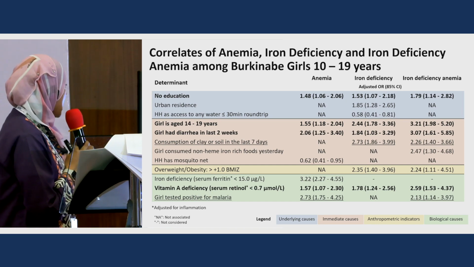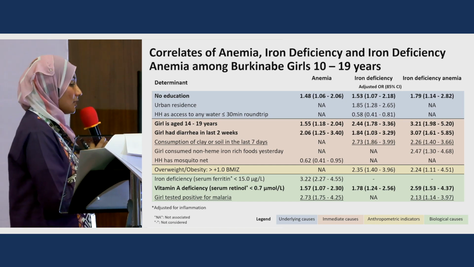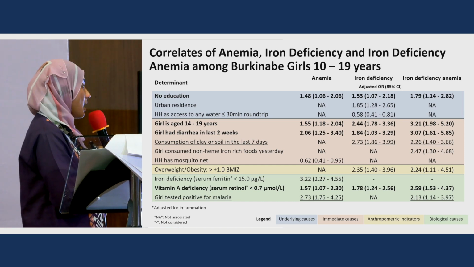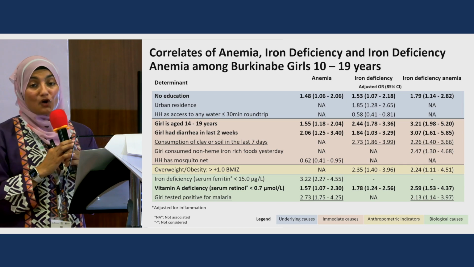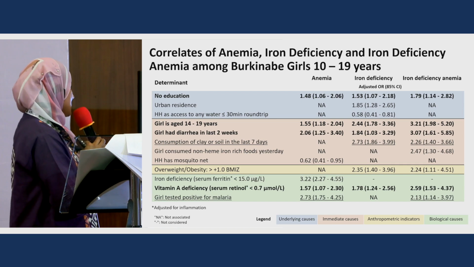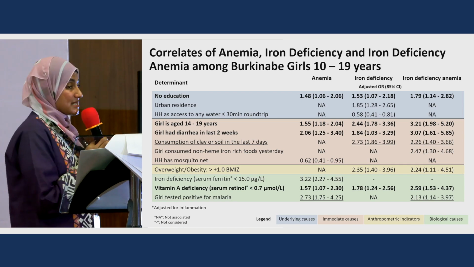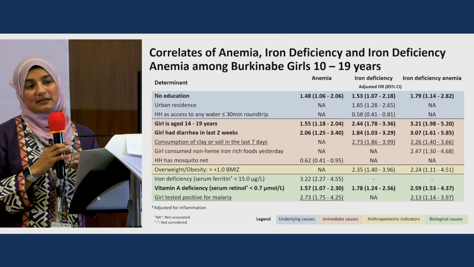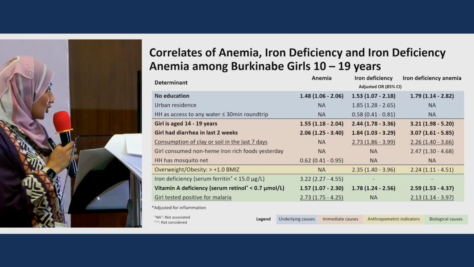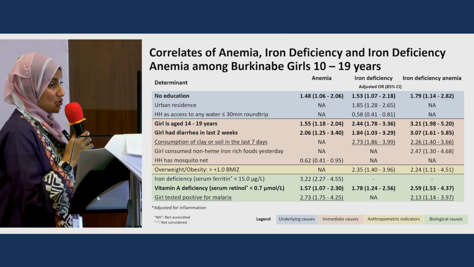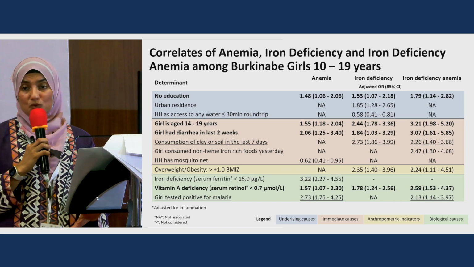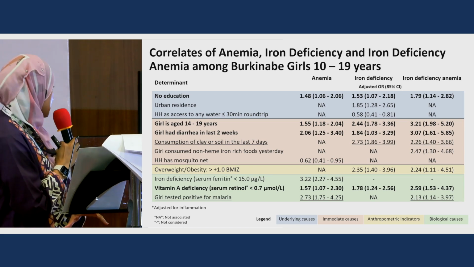And for girls, it was not going to school or no education that was associated with higher odds of the disease for all three outcomes, as well as being older, so 14 to 19 years, which makes sense because that is the time when girls are reaching puberty, they've reached menarche, and the menstruation, as we've heard throughout the day today, can lead to blood loss and iron deficiency.